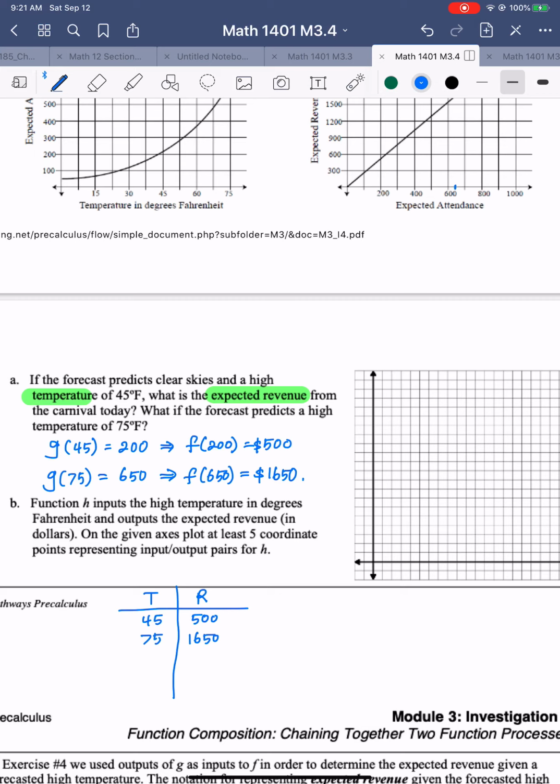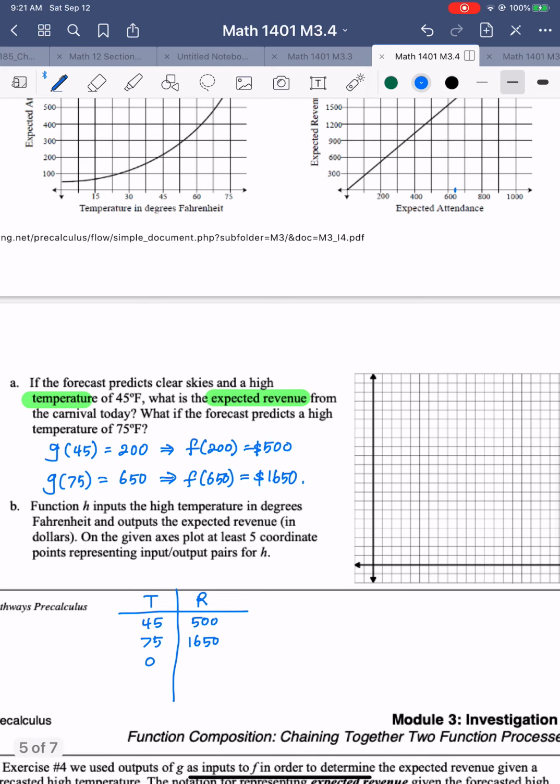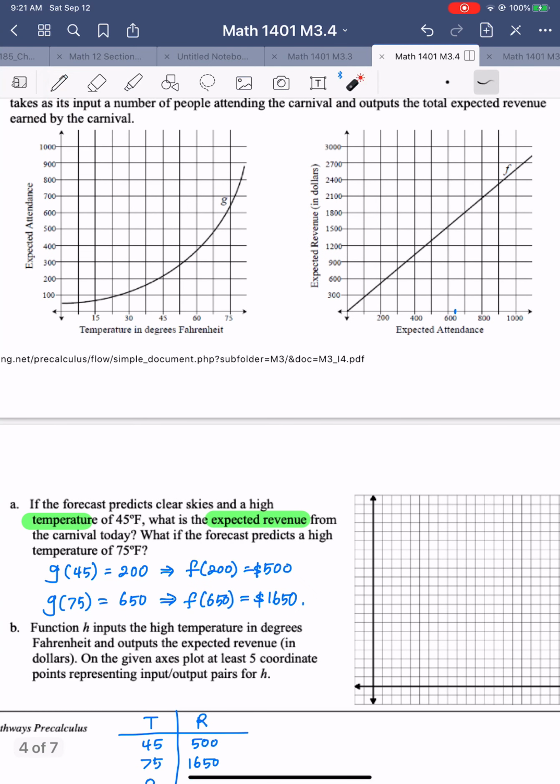And then what else do I want to use? Let me use 0. What about 0 degrees? If we go back to here, 0 degrees is about 50 people, and 50 is about here, giving us about 150. So 0 degrees gives about 150.